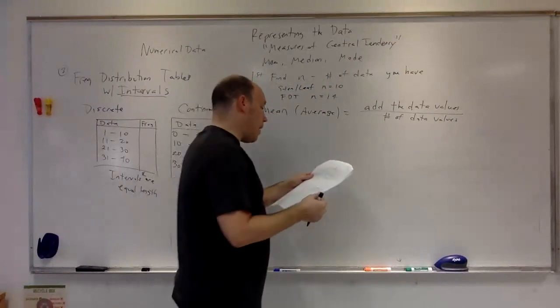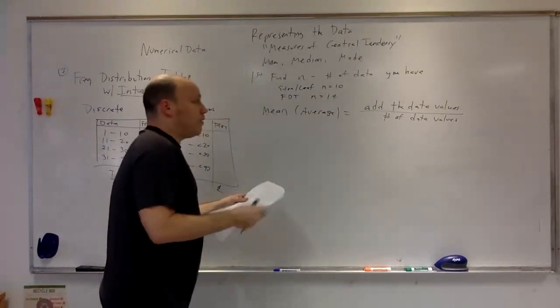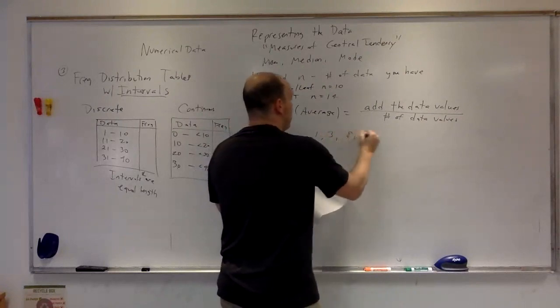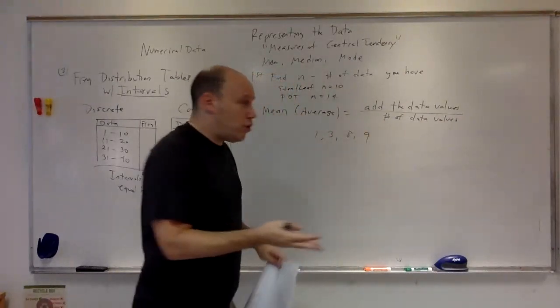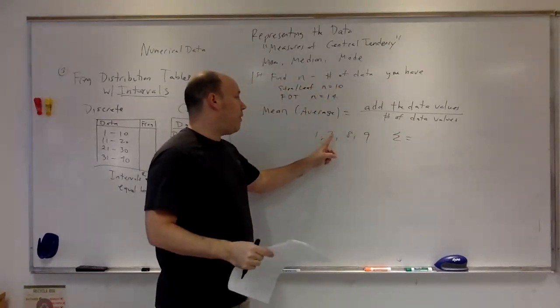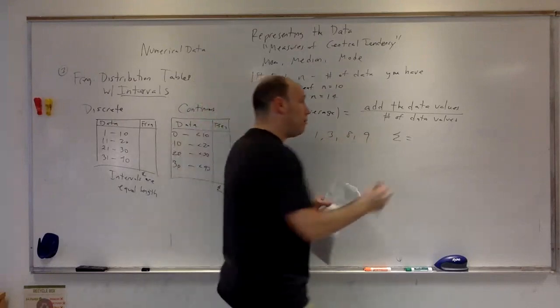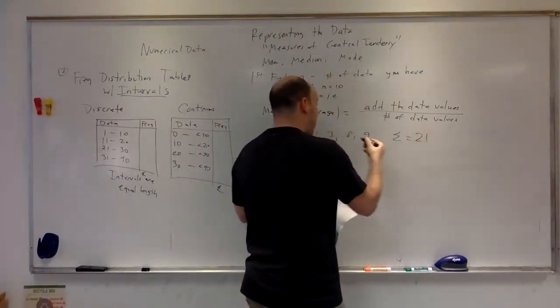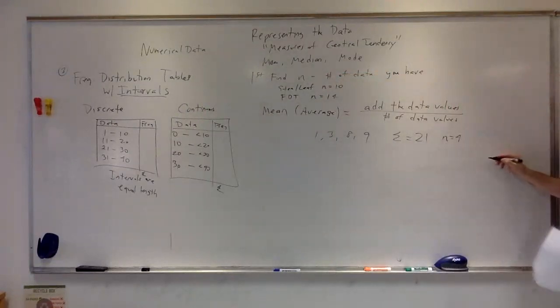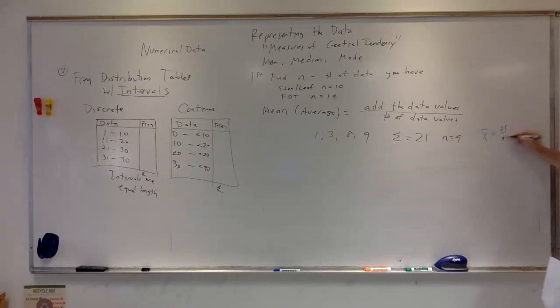So for example, you have 1, 3, 8, 9. What's the sum? 1, 4, 12, 21. How many points? N is 4. Therefore, the mean is 21 divided by 4, which is 5.25.